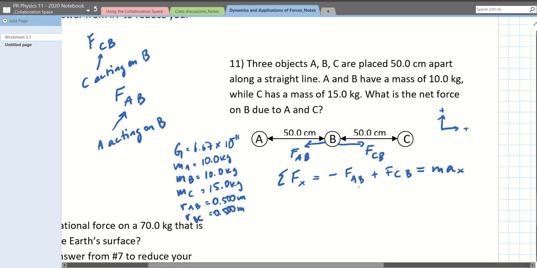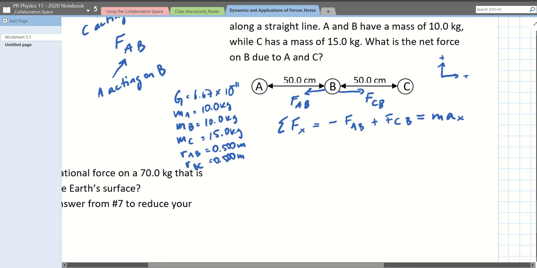In this case, we just need to find the sum of these two forces. We have to use the universal gravitational law to find this, because that's the equation that works for any configuration of objects, not just on the surface of the Earth, like m times g. So what we need to do is find these two separate forces and then add them together.